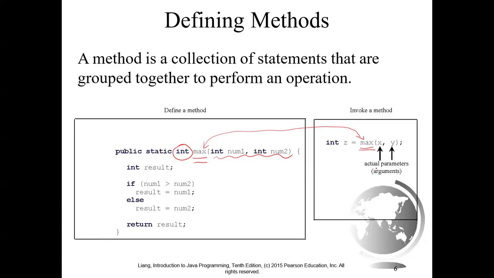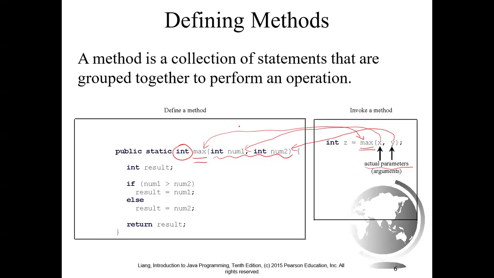And we pass the actual parameters into the method we are invoking. Here, it refers to the x, y, and that means we will pass the x, y to number 1 and number 2 directly.